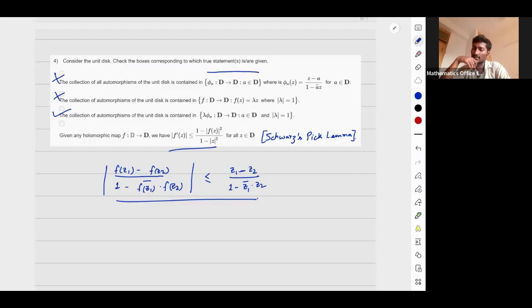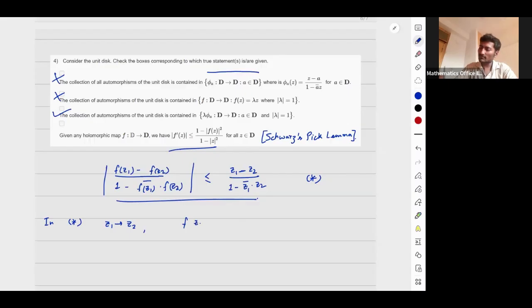But how is the proof for this? If we prove this, it is the Schwarz-Pick lemma. In the star, z1 tends to z2, if we do this. In this way, what happens? So we manipulate a little bit.